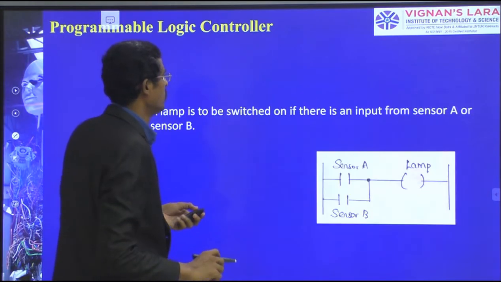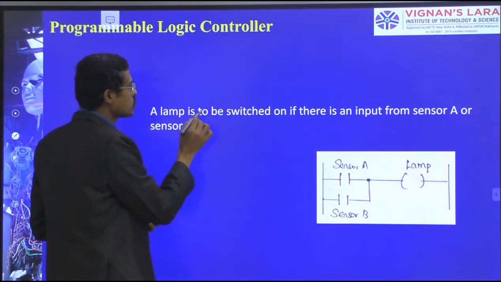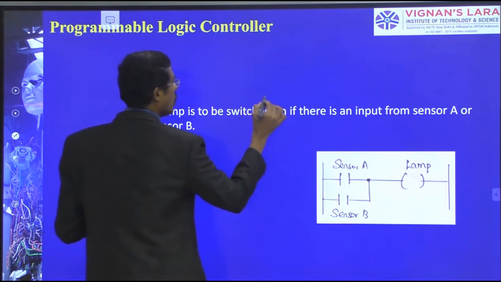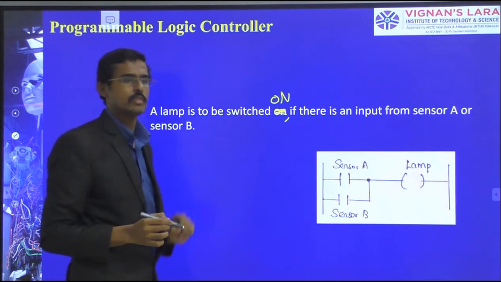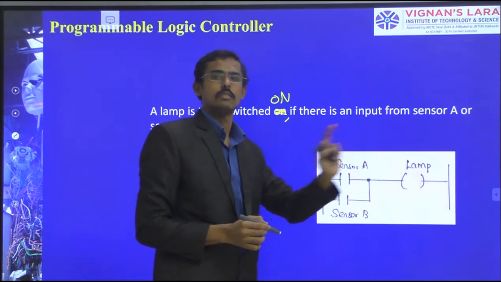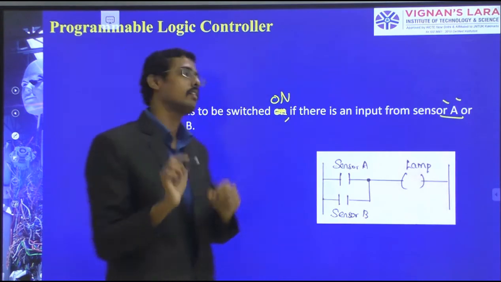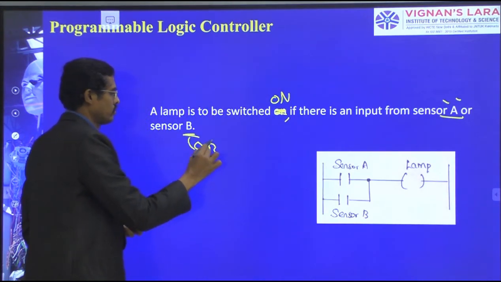Now I am going for the second one. A lamp is to be switched on if there is an input from sensor A or otherwise sensor B. So it is nothing but an OR function we are going to talk about.